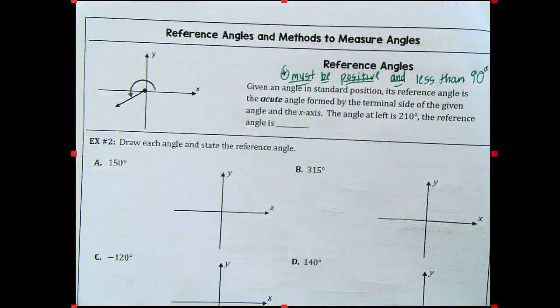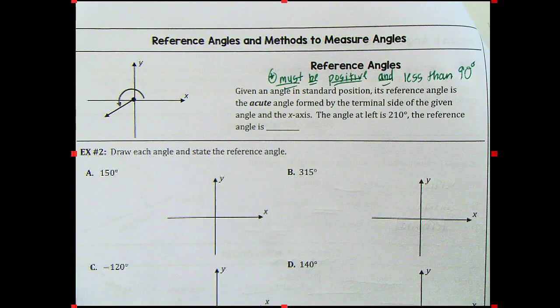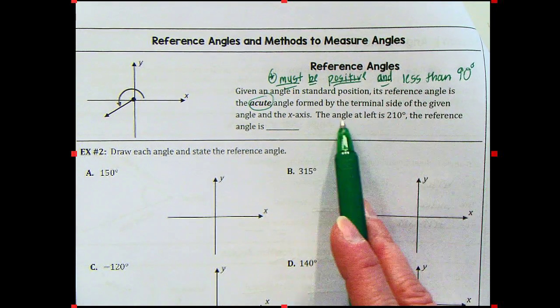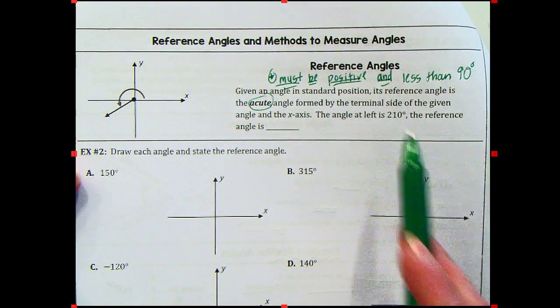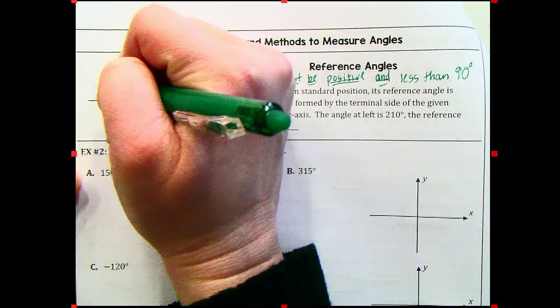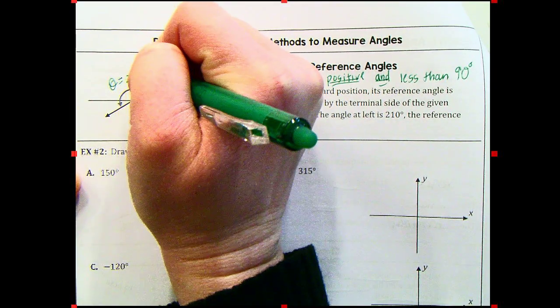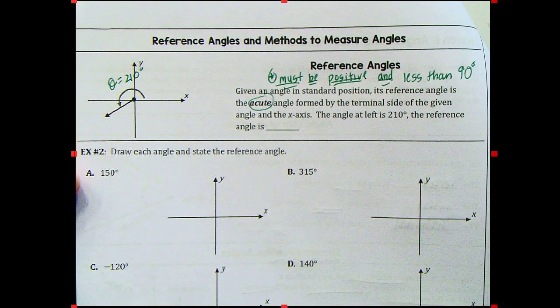So they are very different things. So if I say find the reference angle, it has to be a positive angle and it has to be less than 90 degrees. So that's why it says acute there. And it says if the angle at the left is 210 degrees, so they're telling me theta is 210 degrees, find the reference angle.